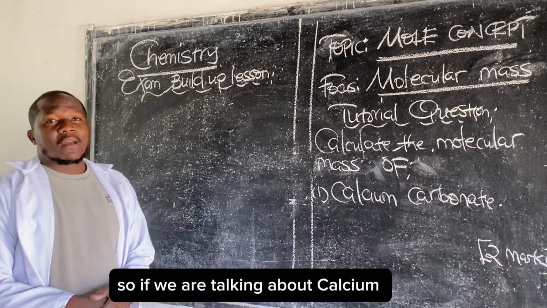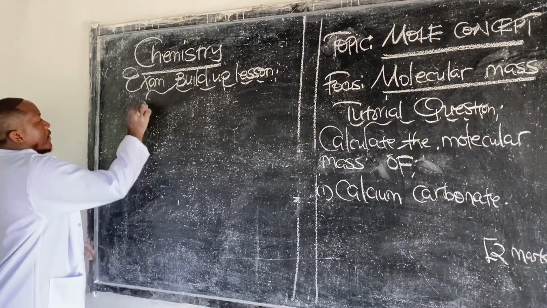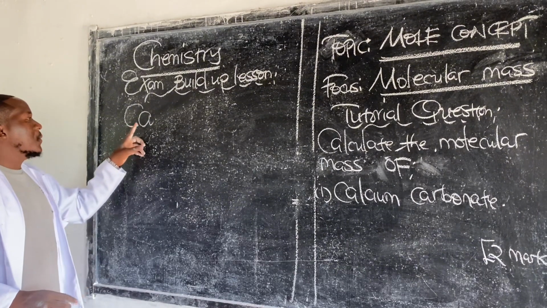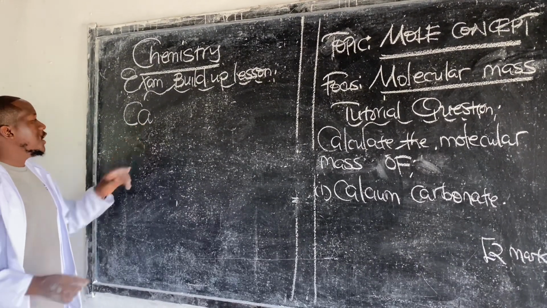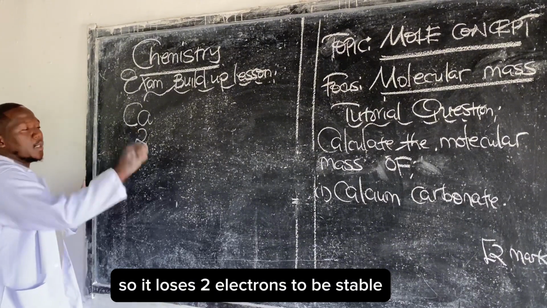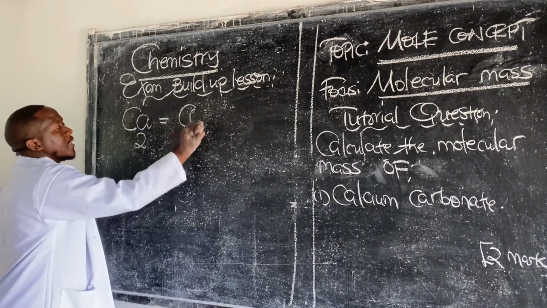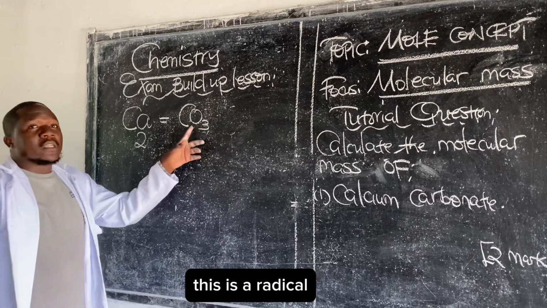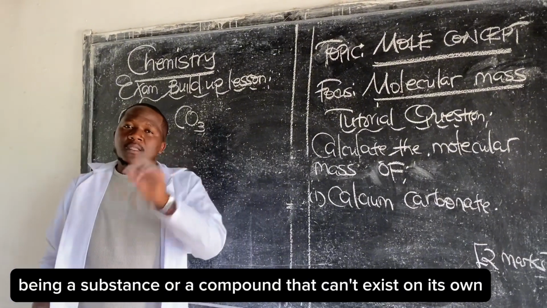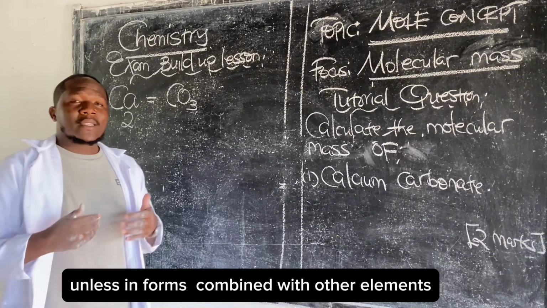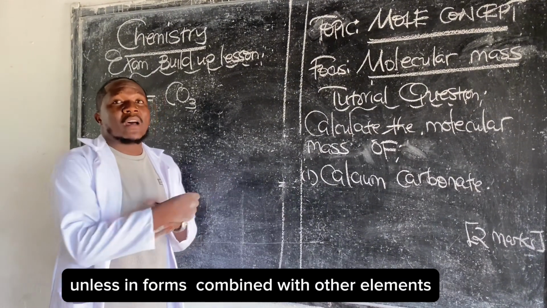If we are talking about calcium, we're going to find that calcium on the periodic table is capital letter C, small letter a. This is found in group 2, so it loses 2 electrons to be stable. Then when we talk about a carbonate, this is a radical, being a substance or a compound that can't exist on its own unless combined with other elements.